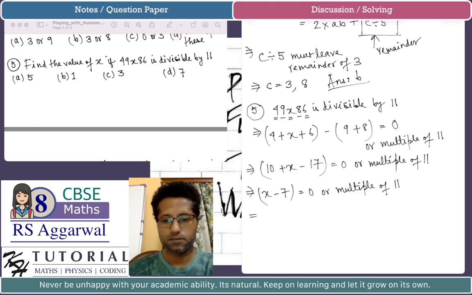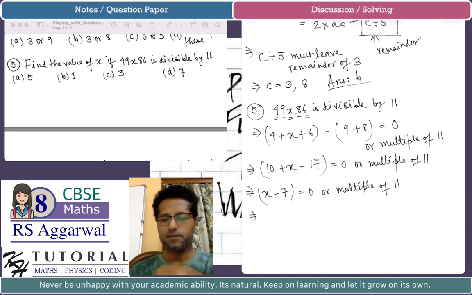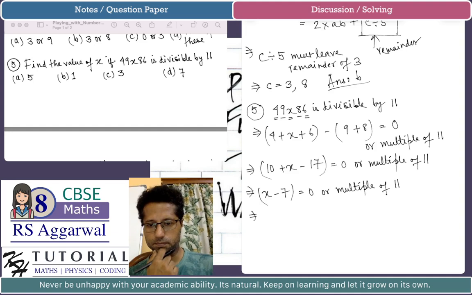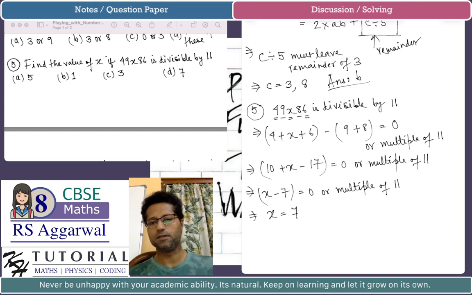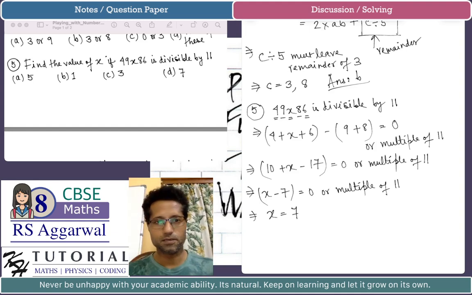Now x is a digit, so x can be 7, because if x is 7 then x minus 7 is 0. So one possible value of x is 7.